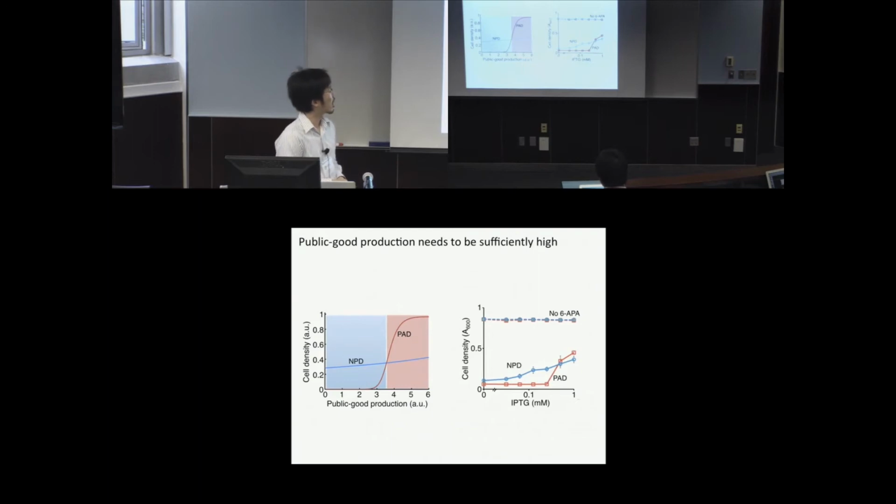On the x-axis, I'm changing IPTG concentration to modulate BLIME expression, and on the y-axis, I'm showing the final cell density, the 24-hour final time point of each culture. Above here, the PAT strain overtook the NPD strain. So it's consistent with the model. You need to have high enough public good production for this strategy to be beneficial.